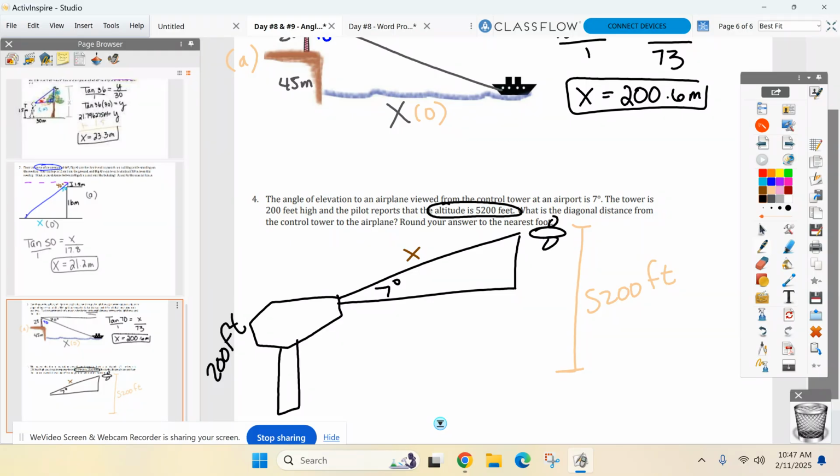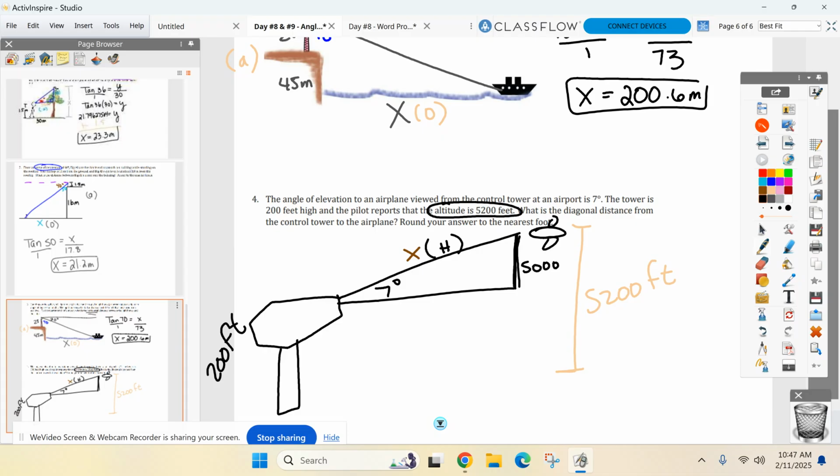Make sure we have everything set up correctly. Looking for the diagonal distance, which would be your hypotenuse. The thing you had to calculate was this side right here, which is 5,200, your altitude, minus the height of the control tower. So hopefully we're using 5,000 there.